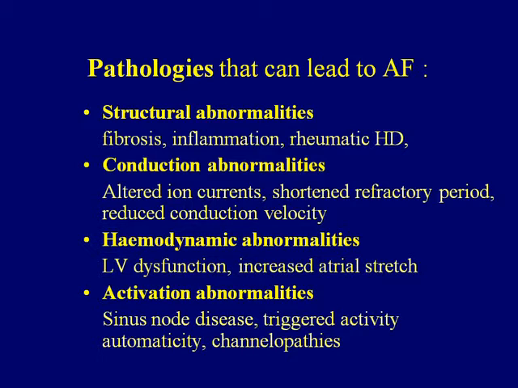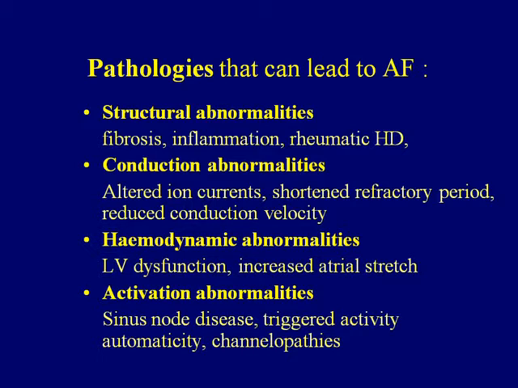Then you have the well-known hemodynamic abnormalities like left ventricular dysfunction that not immediately must dilate the atrium, but increases the stretch on the atrial wall, and the stretch of the atrial wall is something that is really pro-arrhythmic and causes then the appearance of ectopic atrial activity, and we will see what that leads to.